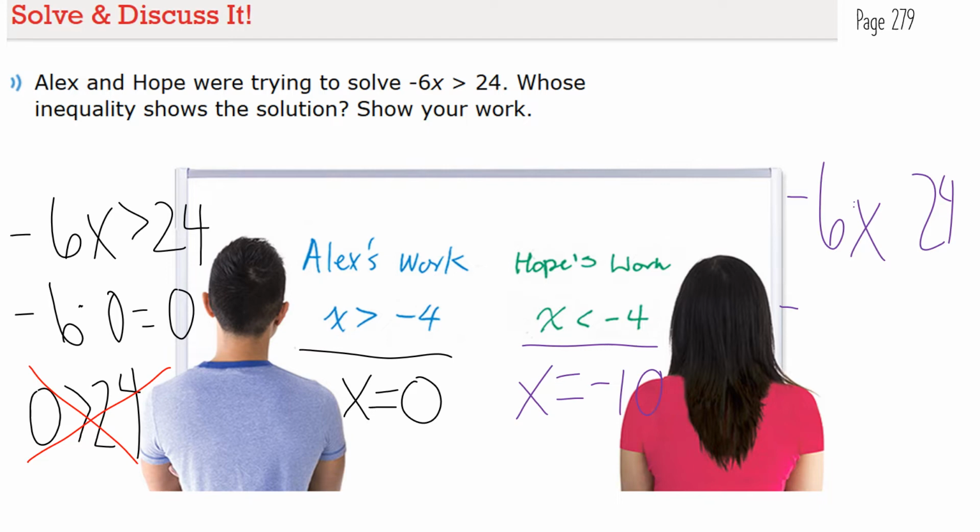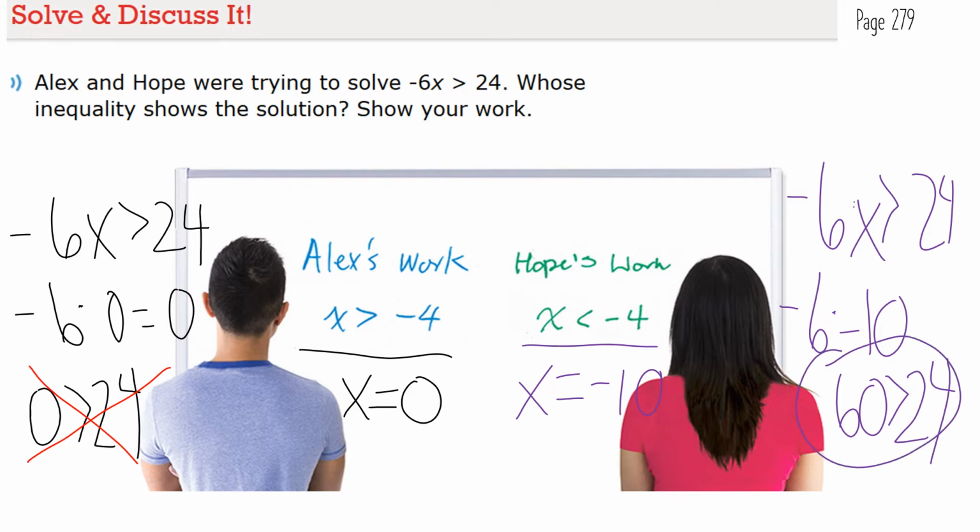There we go. So negative 6 times negative 10 would fit Hope's answer. Negative times a negative is a positive, so that's positive 60. Our final inequality would state 60 is greater than 24. That, in fact, is true.